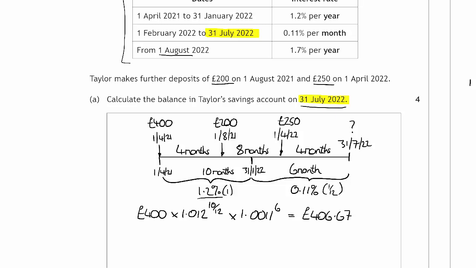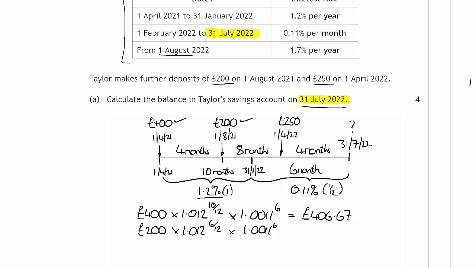We then look at the £200. So it's in for the whole year. The first 6 months is going to be at 1.012, and then the rest of the time is going to be in at 0.11%.